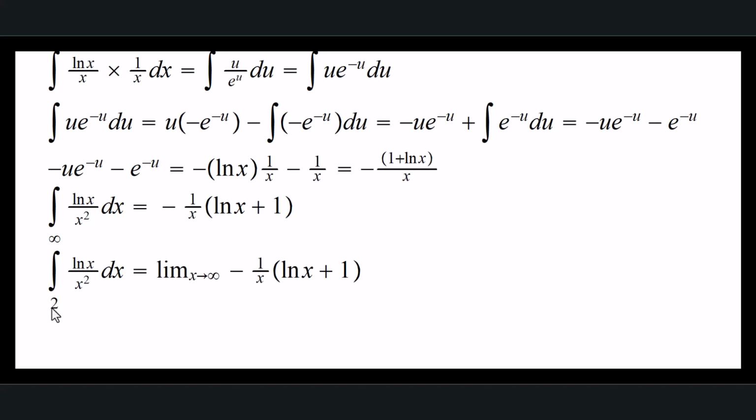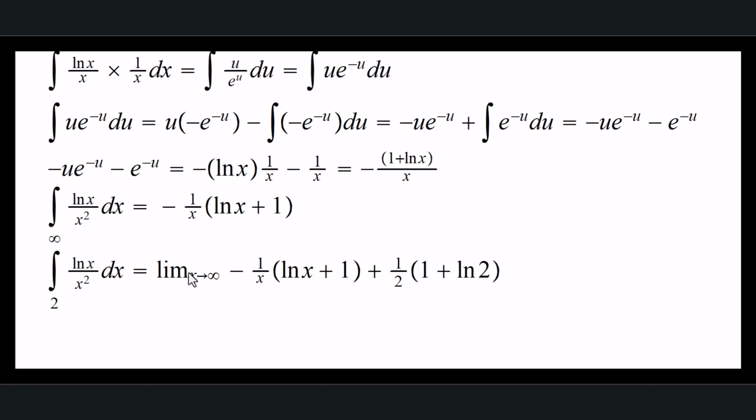For the lower limit, when we take x equals 2, I have a minus sign, and then there will be another negative sign here, so the 2 will become positive, and this is simply 1 over 2 times ln of 2 plus 1. Or actually let's write it like this, that's better: 1 plus ln of 2, or what we wrote before was okay too.